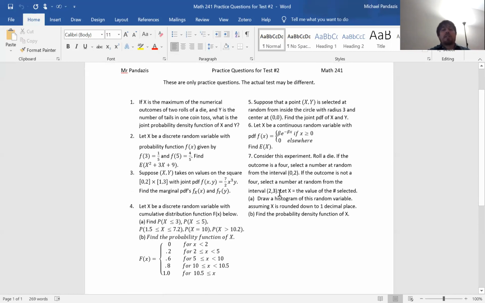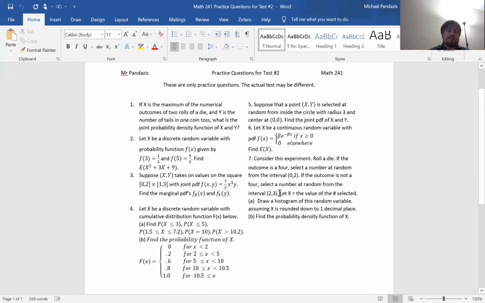Does anyone have any questions about any of these examples they want me to go over? No questions? Okay, let's just do number 1 because it involves a joint probability density function, which is kind of new material, so I can make sure that you understand it.